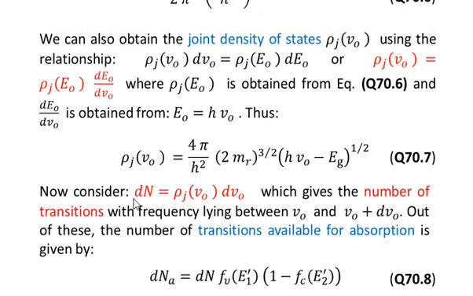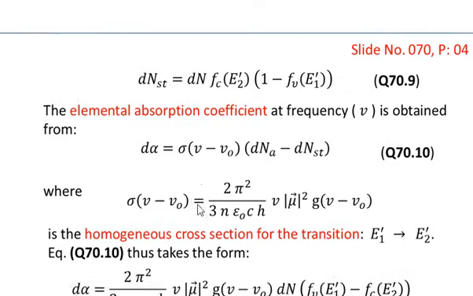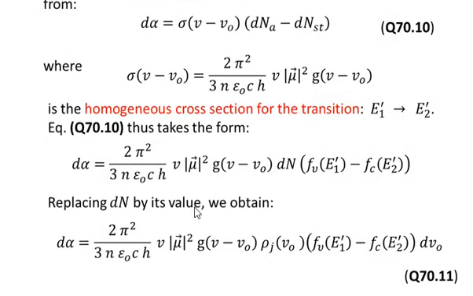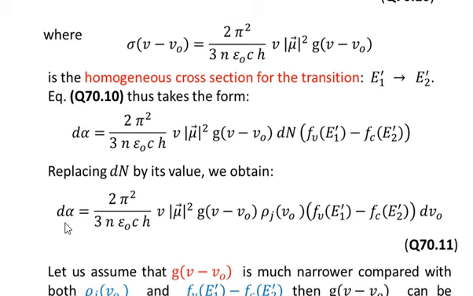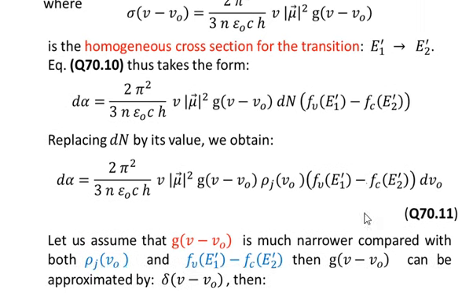For example, this in red, dn is equal to rho of j of nu naught multiplied by d nu naught. So we are now substituting dn from here into this equation, and then we finally get this relationship, that is d alpha is equal to, rest all the quantities are the same except that we have introduced rho j of nu naught and also d nu naught from the previous equation. So this becomes equation number 11.